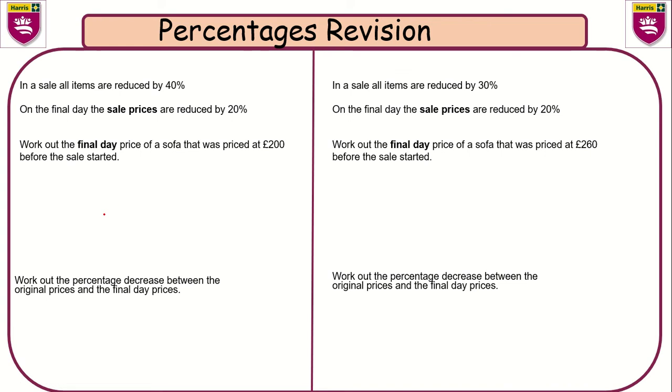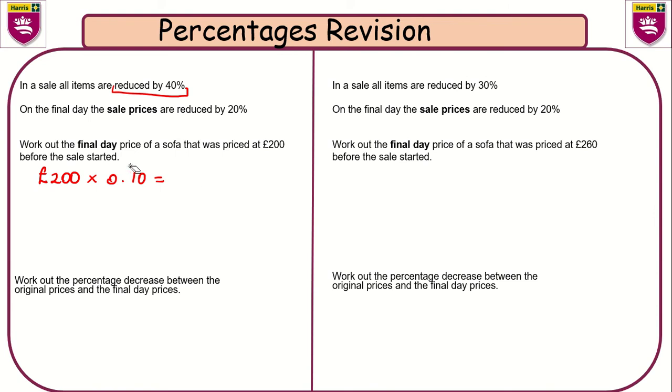So, if I start off with 200 then, I need to make a reduction of 40%. So I need to find out what 40% of 200 is and take it away. Okay? You're going to use the calculators for this one. So we're going to do 200. Sorry? Oh, 0.6.